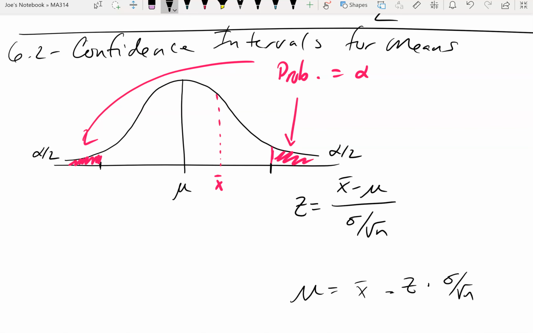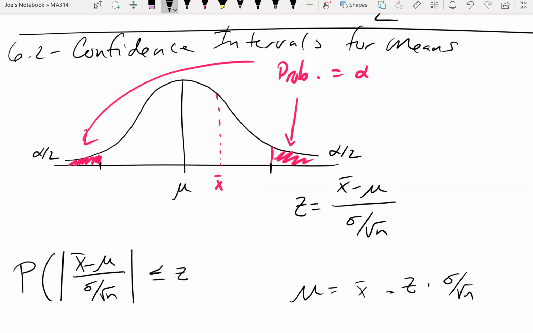So what we want, just to write this down, is the probability that our x bar minus mu over sigma over square root of n, that distance, is less than or equal to some z based on alpha, equal to 1 minus alpha.